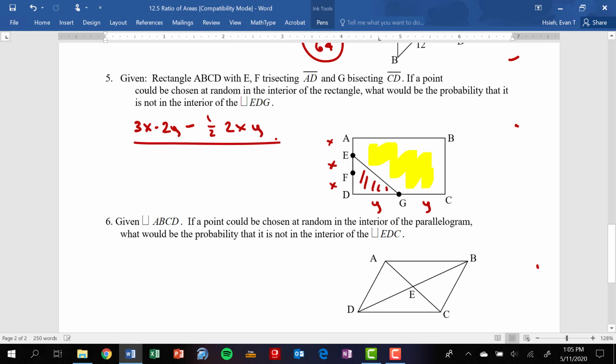And then I want to just divide it by the area of the entire figure. So it's 3x times 2y again. And go ahead and simplify this. I know that the top thing will simplify to 5xy, and the bottom would be 6xy. So this all just simplifies to 5/6.